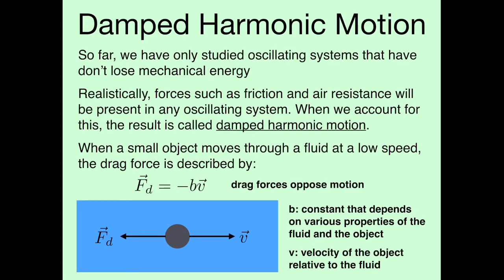So we need a way of accounting for things like friction and air resistance in a system and the way that they take energy out of the system. So when we do this, the result is called damped harmonic motion.